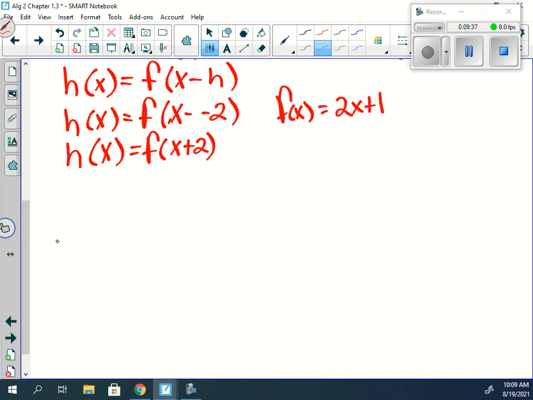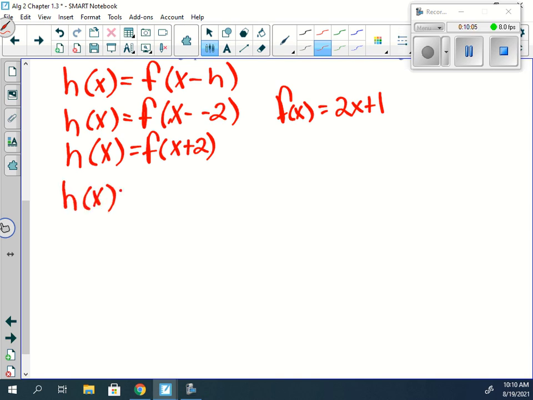Because all this is saying, f of x, the variable over here is just x. Because if I'd said f of y, it would have been 2y plus 1. That's all it is. Because if we do f of 2, what would be equal to 2 times 2 plus 1? Y'all remember doing that in Algebra 1? It's the same thing. But here we're replacing it with a variable and a number with a sign in the middle.